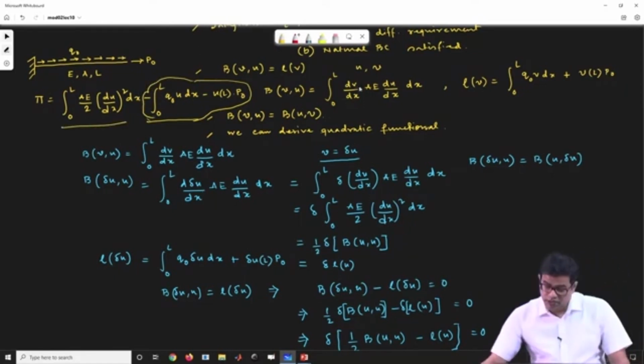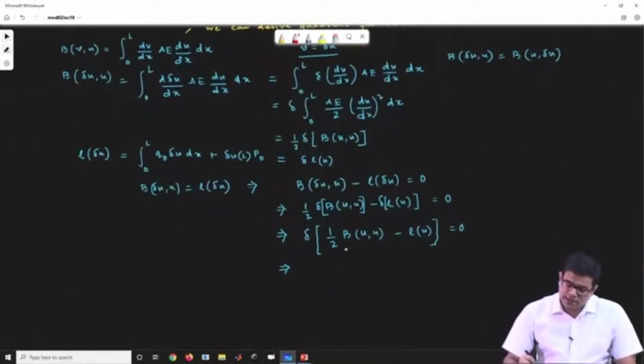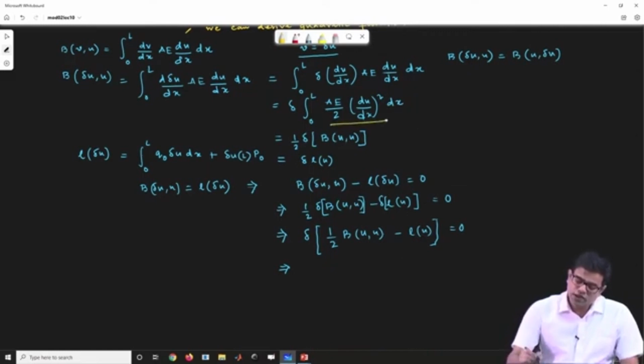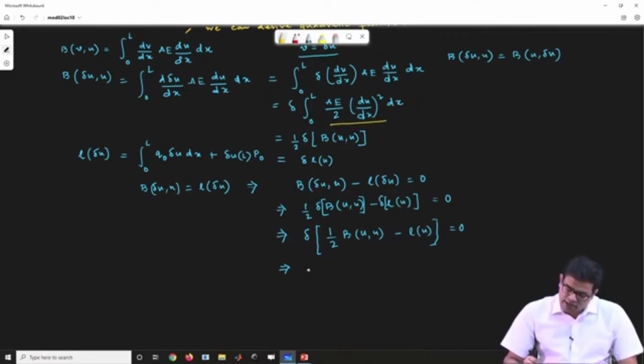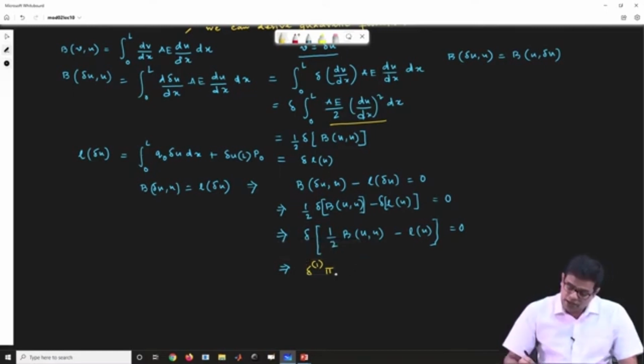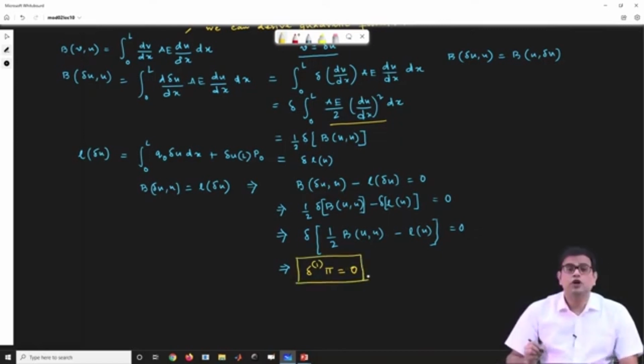Now if you look at this expression, b of u is nothing but this quantity. I can say that this is the first variation of the potential energy. If you have read the minimum potential energy theorem, then this is nothing but the minimization of the potential energy, or the principle of potential energy.